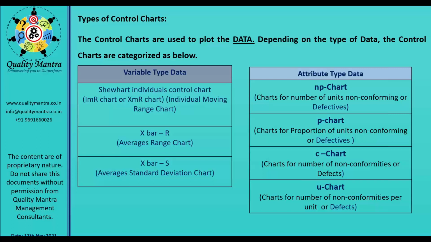Yes. So there are certain defects which lead to the rejection, but there are certain defects which may not lead to the rejection. But it is important to monitor such defects which are not resulting into the rejection also. So all kind of defects should be monitored and the defective should also be monitored.